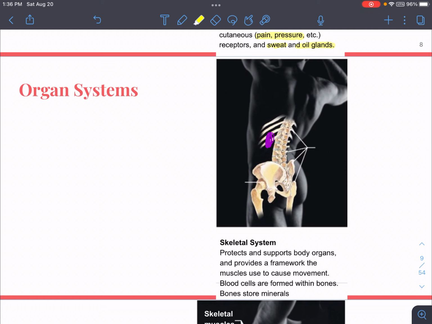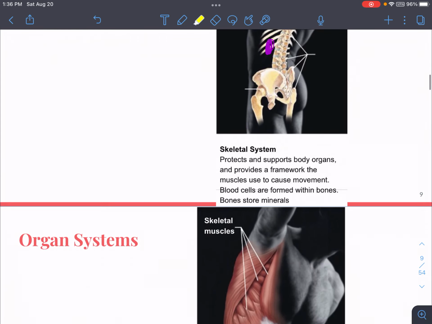So if your calcium level gets low, your bones will start resorbing, or there are cells that will start eating away at the bones a little bit to get more calcium out into the bloodstream. That's another form of what we call homeostasis. We'll talk about in a little bit how your body regulates the minerals in your body.